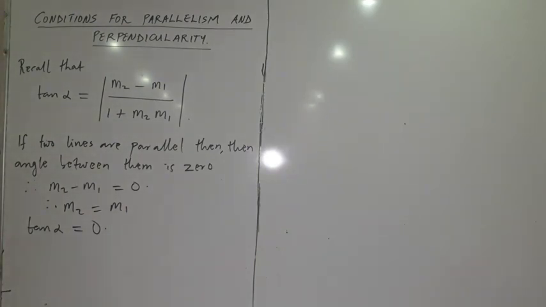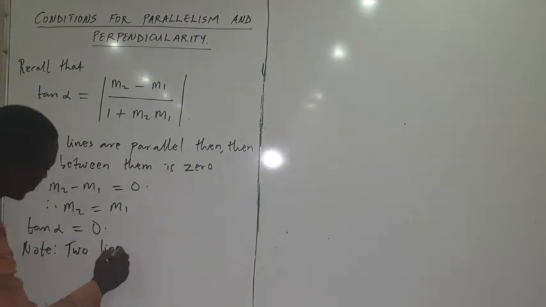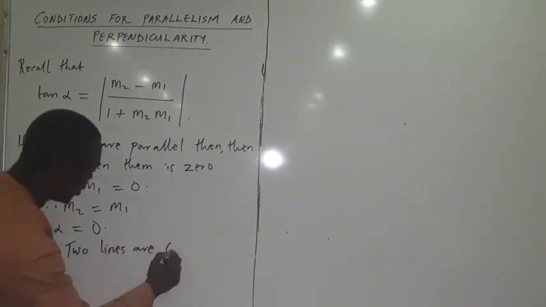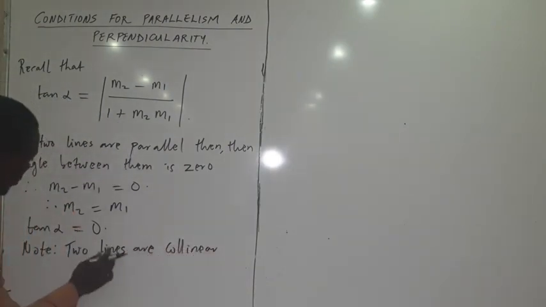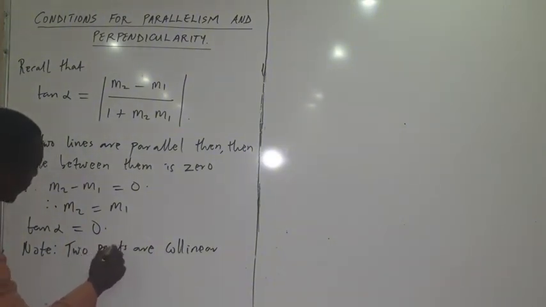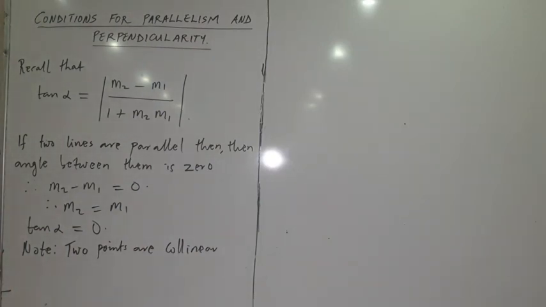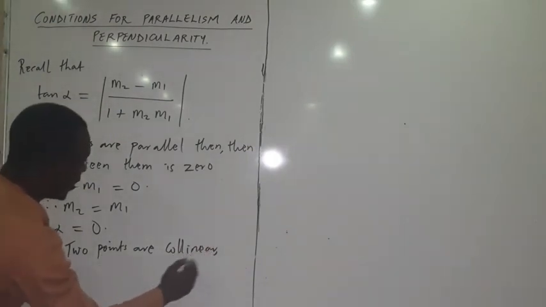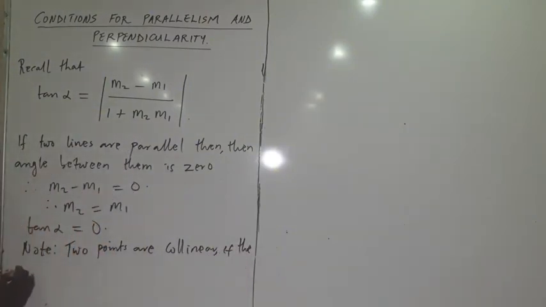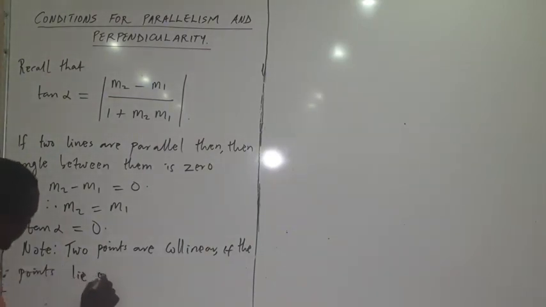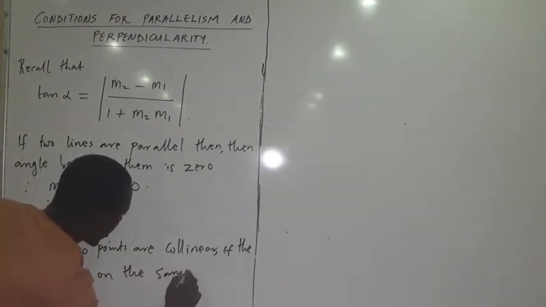So note that two points are collinear if the points lie on the same straight line.